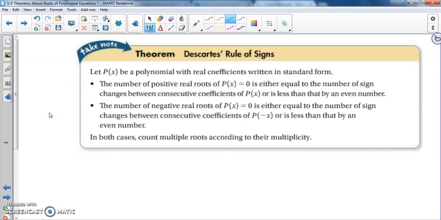The number of negative real roots of p of x equals 0 is either equal to the number of sign changes between consecutive coefficients in p of negative x, or is less than that by an even number. In both cases, count multiple roots according to their multiplicity.